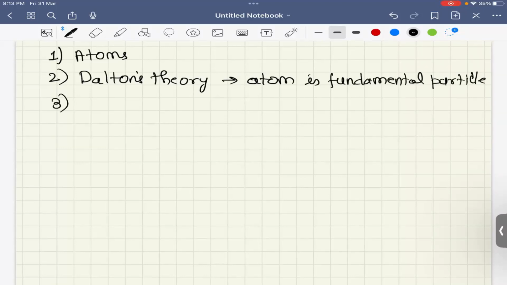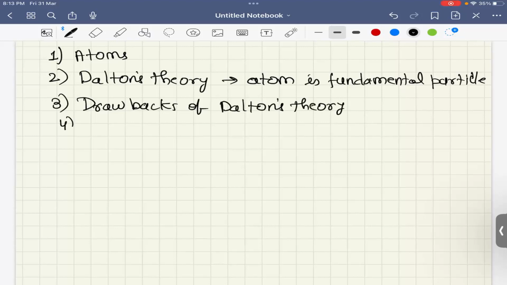Then we saw the drawbacks of Dalton's theory, which gave rise to the experiments of Sir J.J. Thomson.